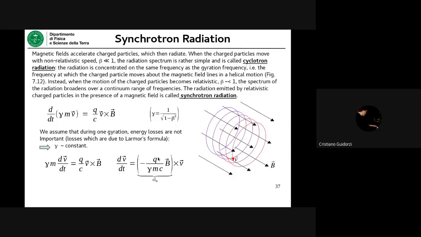And in particular, here among brackets, I put a quantity, which is QB over gamma MC, and I called it omega B. Well, if you remember one of the very first things that you learned about derivatives of vectors, you know that when you have the derivative of a vector which is one vector times the vector itself, it means that the derivative is perpendicular to the vector itself.